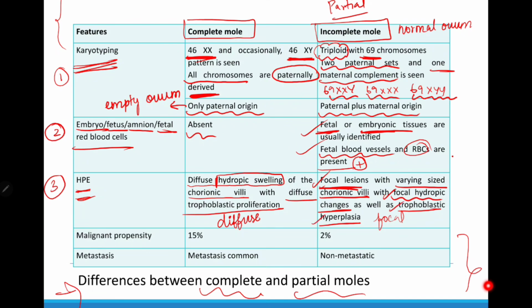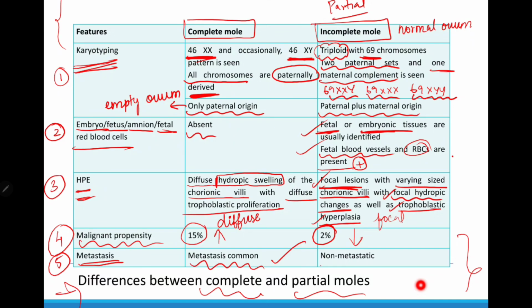The next feature is malignant propensity or malignant potential. For a complete mole, it is high, around 15%. For a partial mole, it is low, around 2%. Next is metastasis. Metastasis is common in complete mole, whereas a partial mole is non-metastatic.